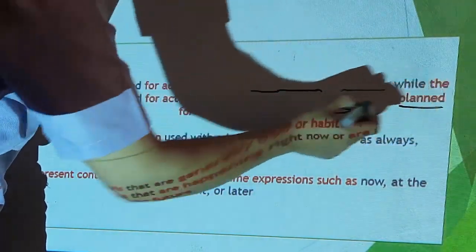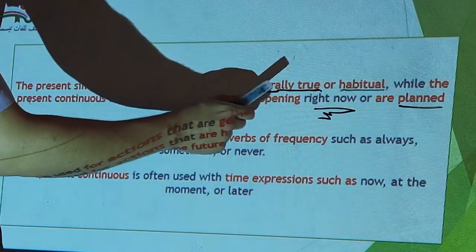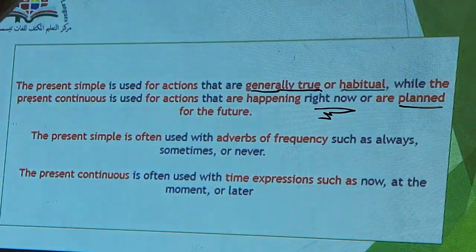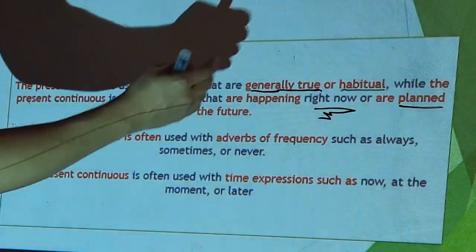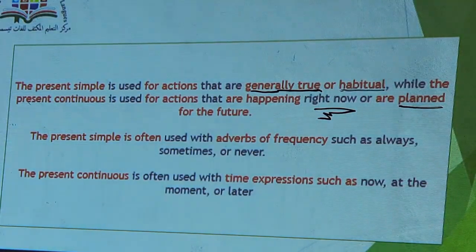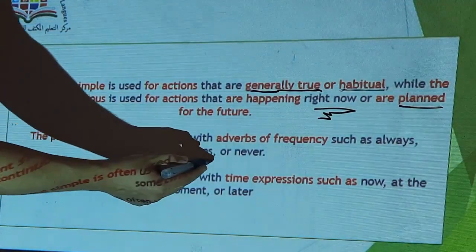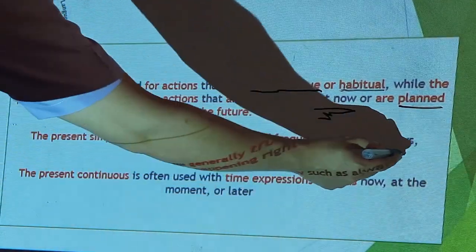So here we have the two functions of the present continuous: that are happening right now, which means at the moment of speaking, or planned for the future. We also have here the present simple, which is often used with adverbs of frequency such as always, sometimes, or never.